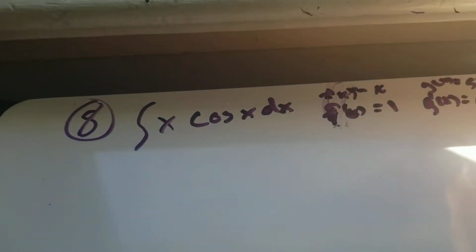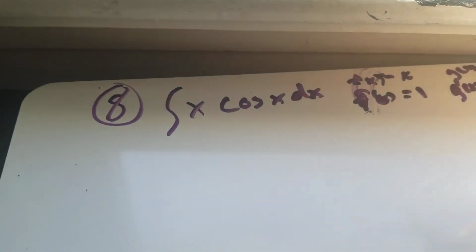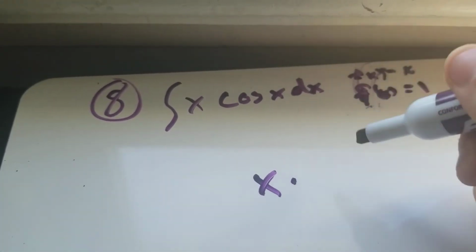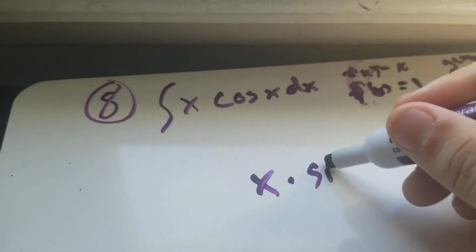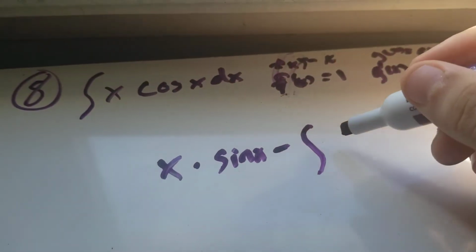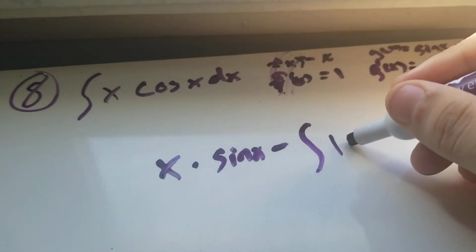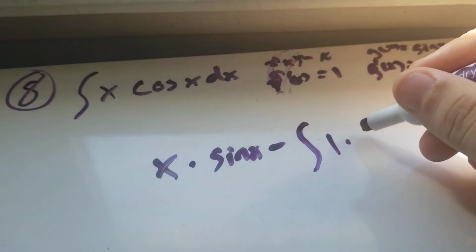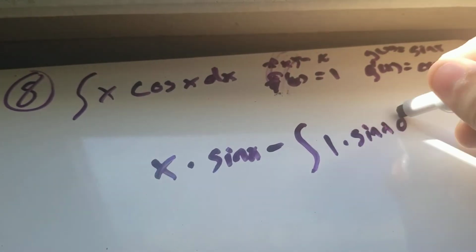Or the antiderivative of cosine is sine x. All right, so let's do it. f of x times g of x, minus the integral of f prime, which is 1, times g of x, which is sine x, dx.